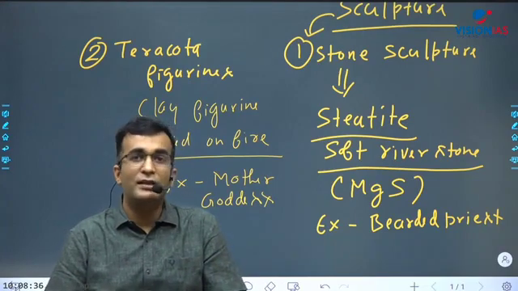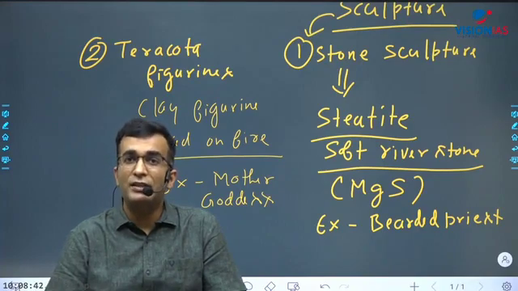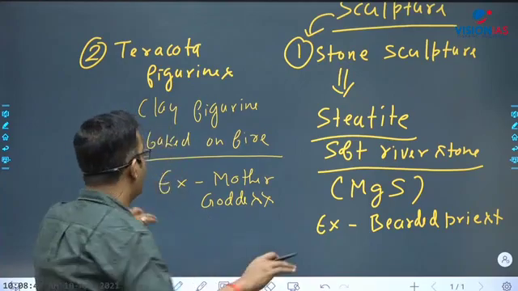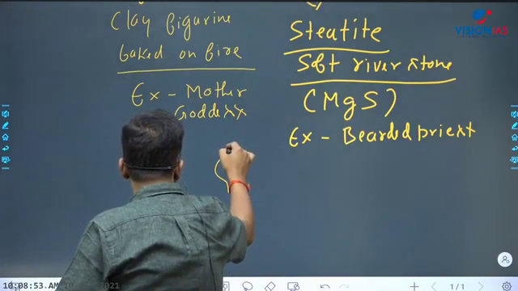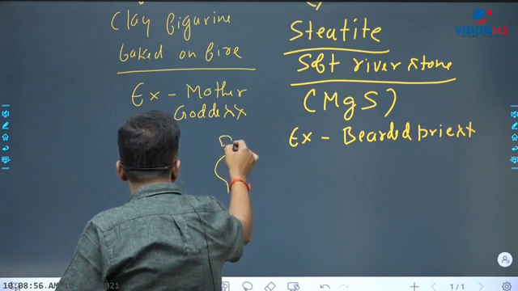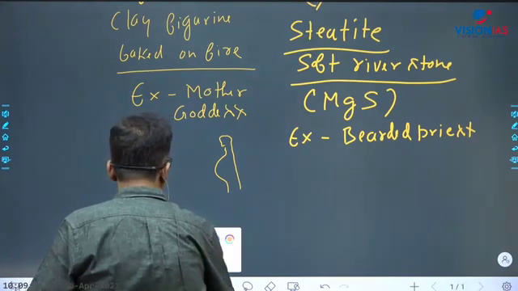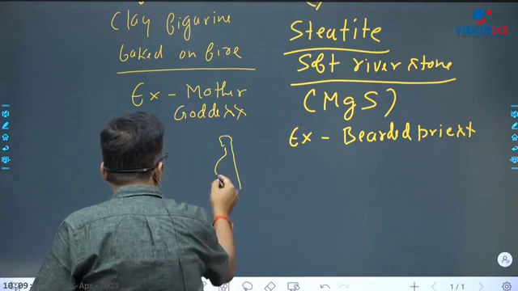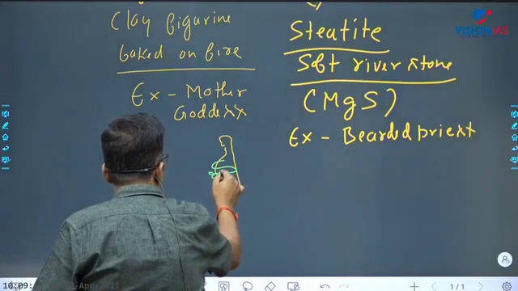Then, second thing, this mother goddess many a times is referred to as the goddess of fertility, and this reference is based on one imagery. And what is this imagery? In one of the images of this mother goddess, generally she is depicted as a pregnant woman, and in one image of this lady, you will see that from her navel one plant is emerging and encircling the body of the lady.